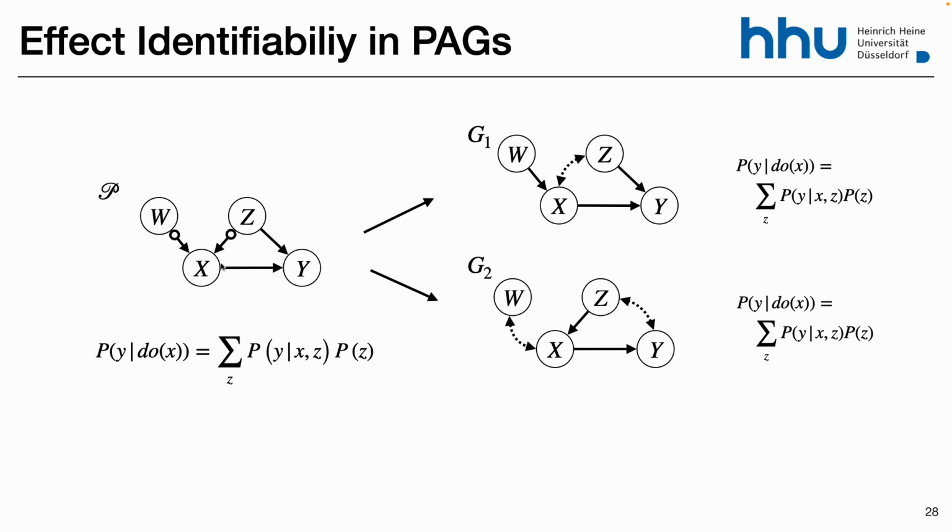That's why the concept of visibility exists. W here makes the edge between X and Y visible, so I would never have a bidirected edge between X and Y. It's always the case that X is an ancestor of Y, so you detect that it's a cause by checking the edge, but the identifiability depends on the visibility of the edge.